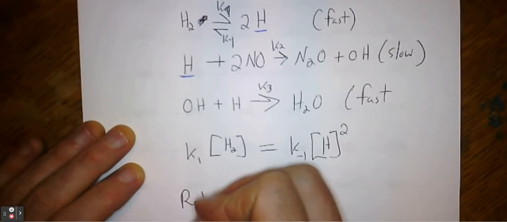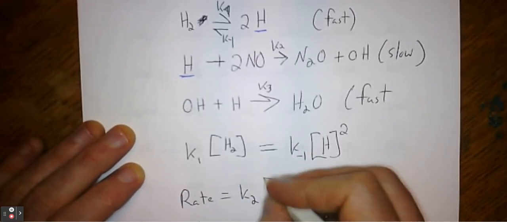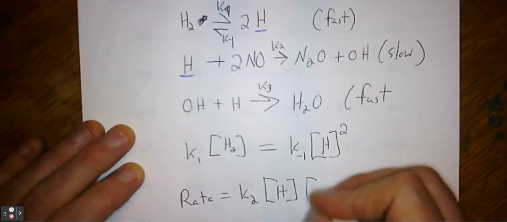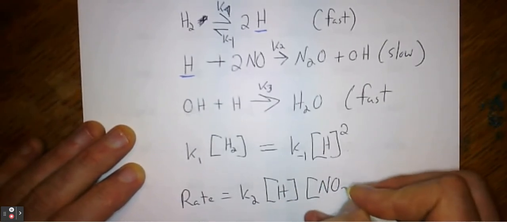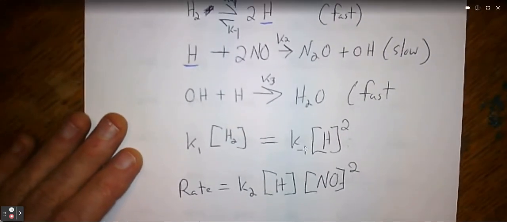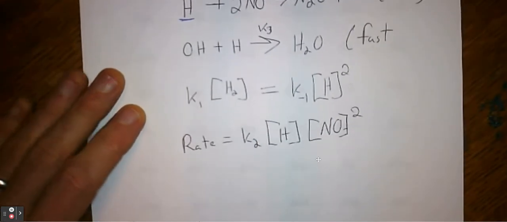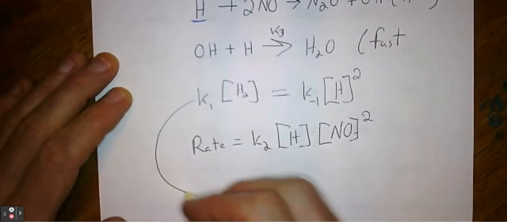Our rate from this third step is equal to K2 times the concentration of H times NO, like that. So we need to solve this for H to plug it into this equation. So let's solve this for H.